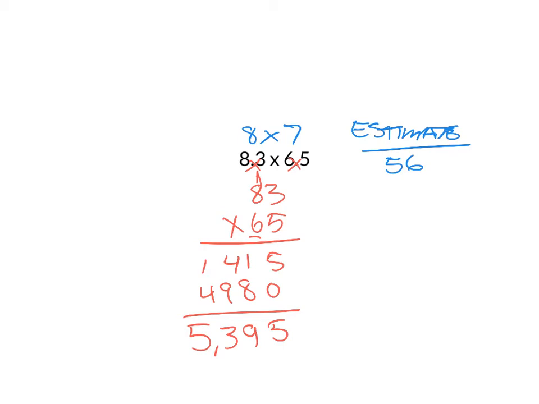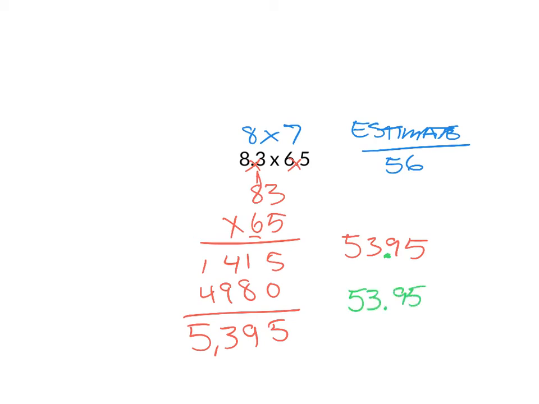But we have to look at 5,395 and go, where does that decimal place go? Well, if my estimate's 56, where do I put my decimal place in this to make it close to 56? Right there. So the answer now becomes 53 and 95 hundredths.